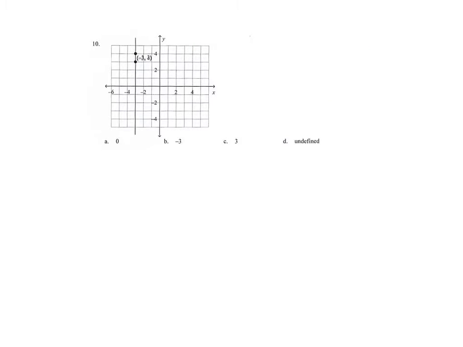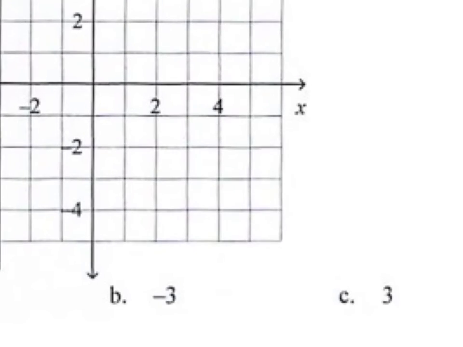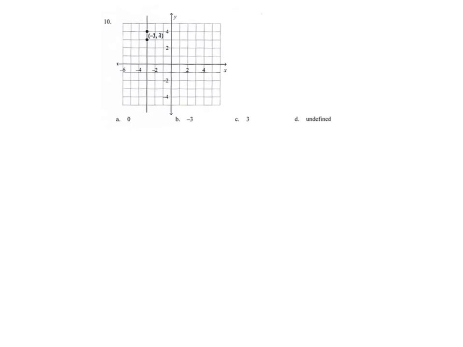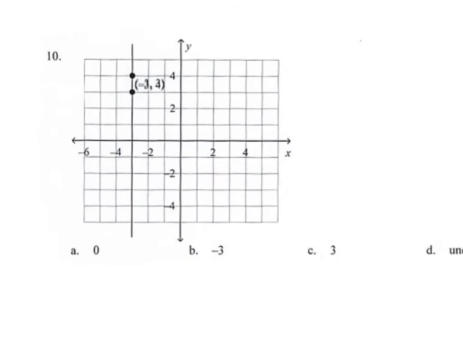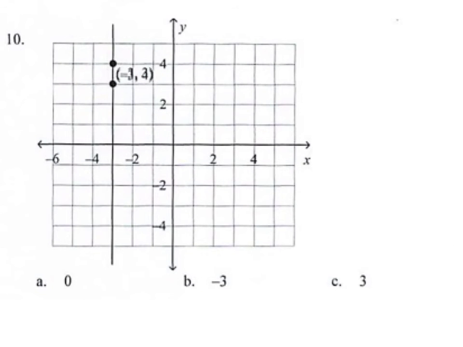Number 3, same thing. They give you 2 points. Rise over run.